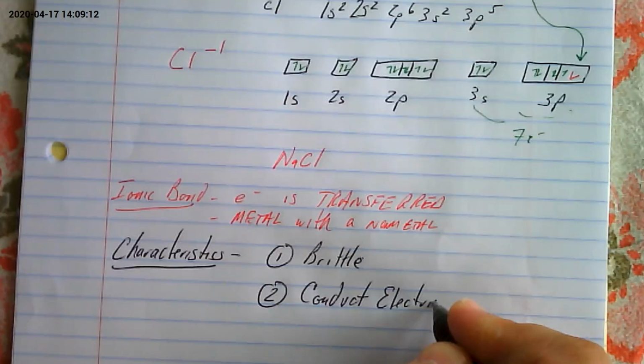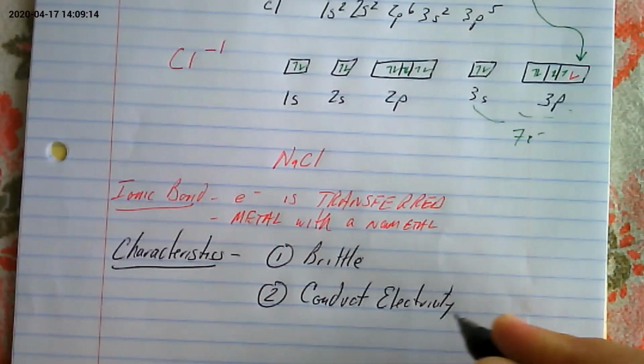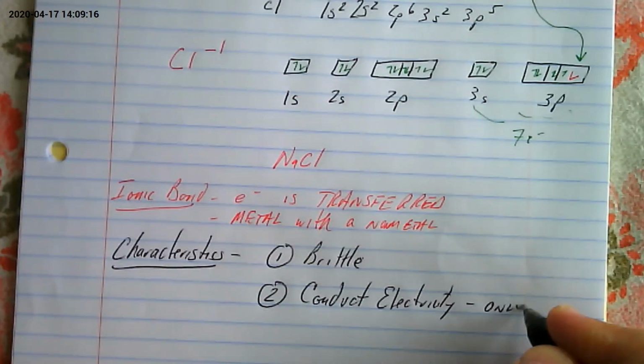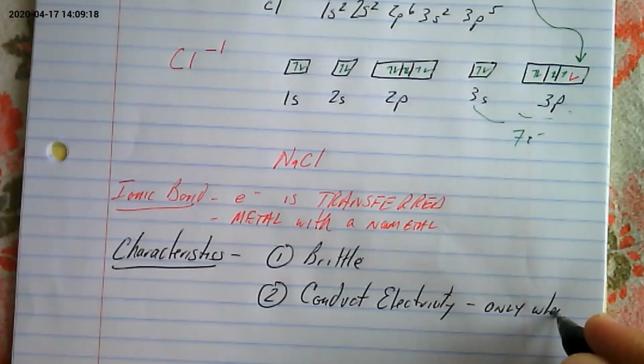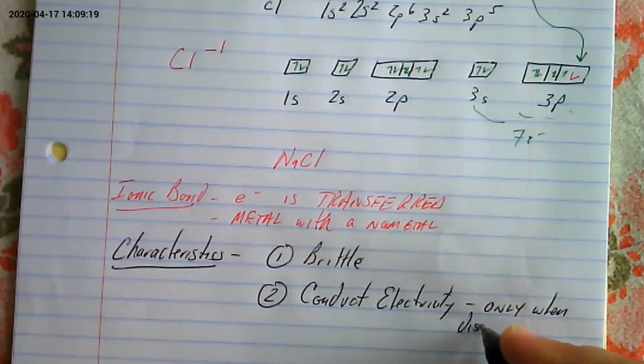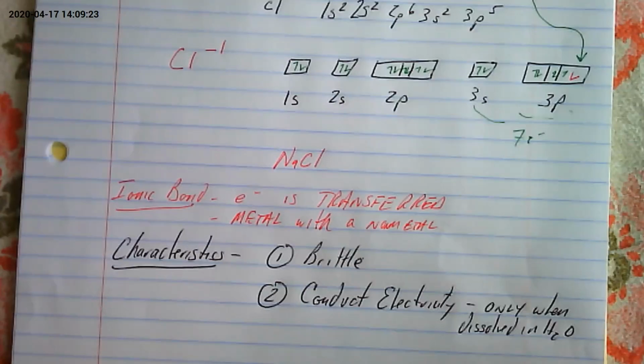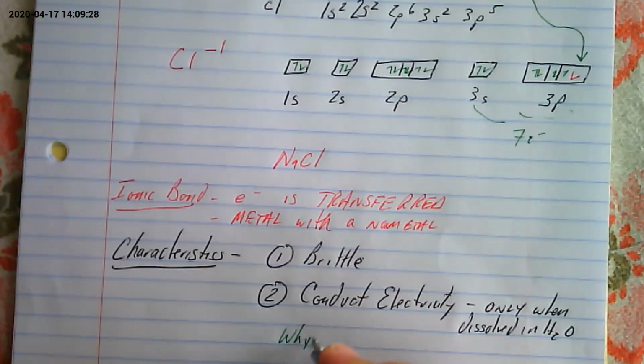Think of salt. Number 2, as you learned at the end of last week's activity, ionic compounds conduct electricity, but only when dissolved in water. And remember, why is this? Because ionic compounds split when they dissolve into ions.